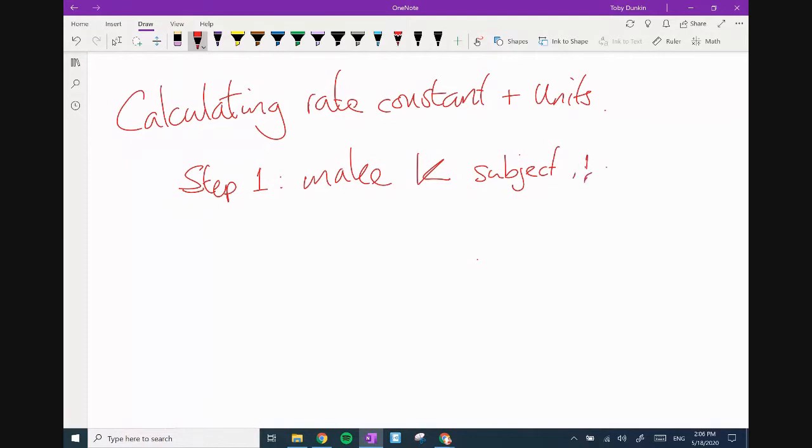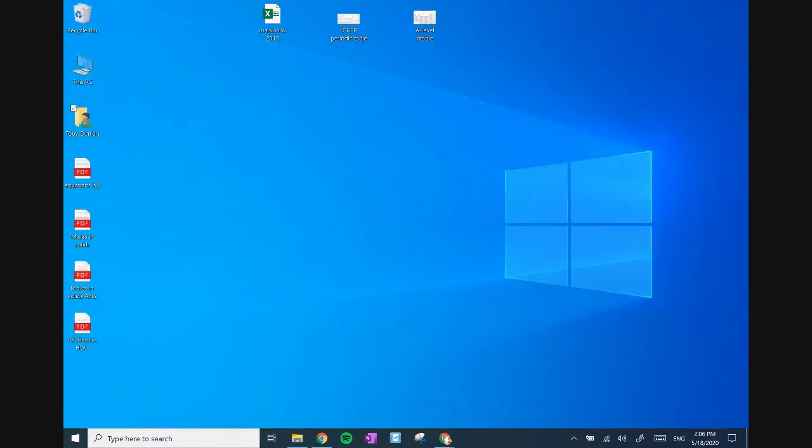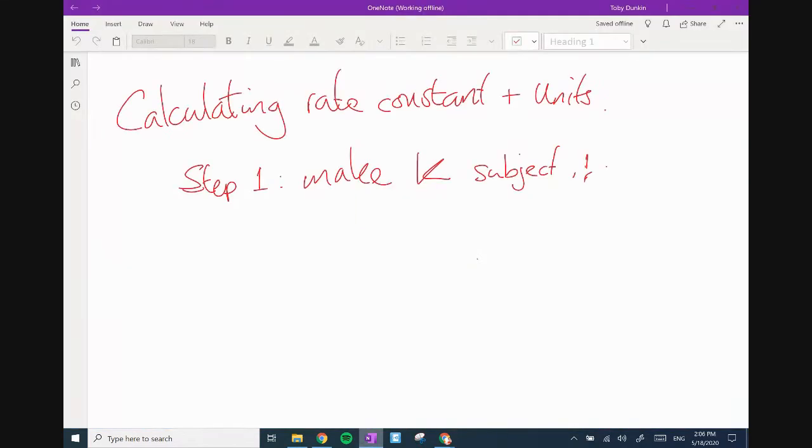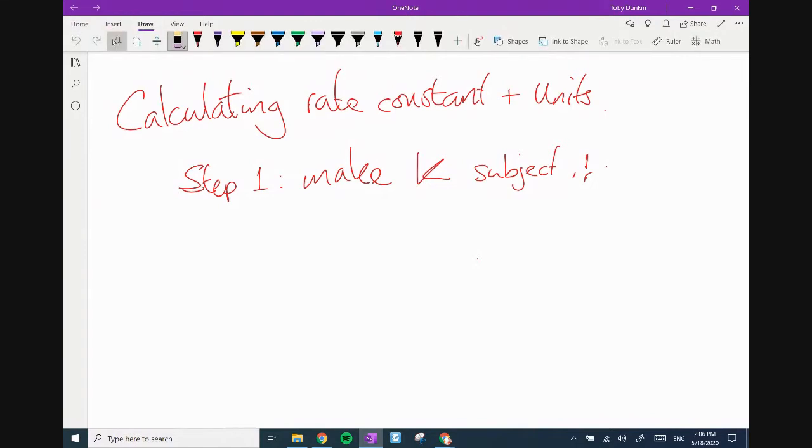Let's close that down. My laptop's having a Barney. So typical. Let's try that again. See if this fixes it. Fingers crossed. There we go. It's not looking good.